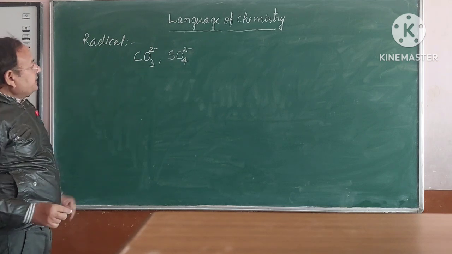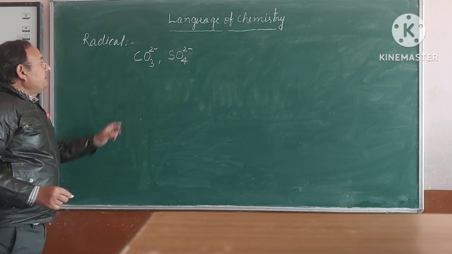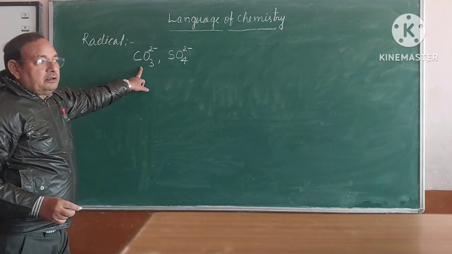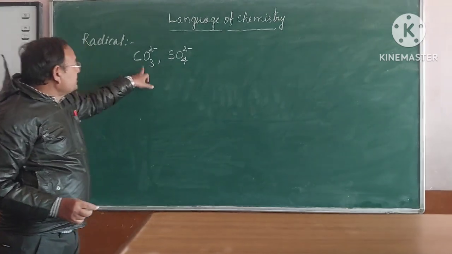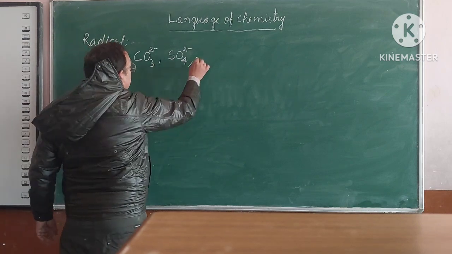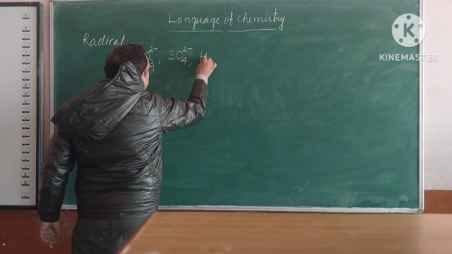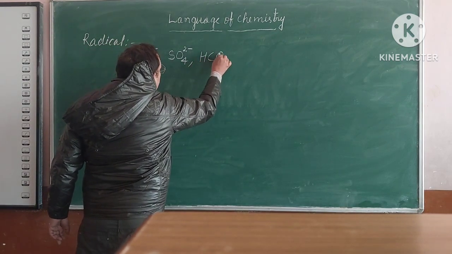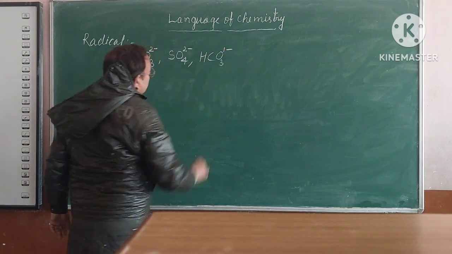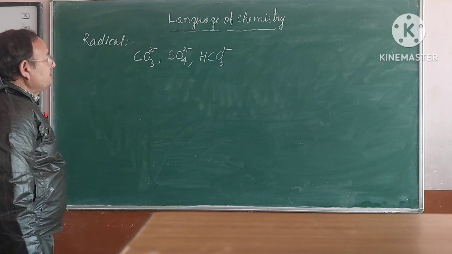These are radicals, and radicals behave as a single unit in a chemical reaction. Another, bicarbonate, HCO3, -1 charge. These are the radicals.